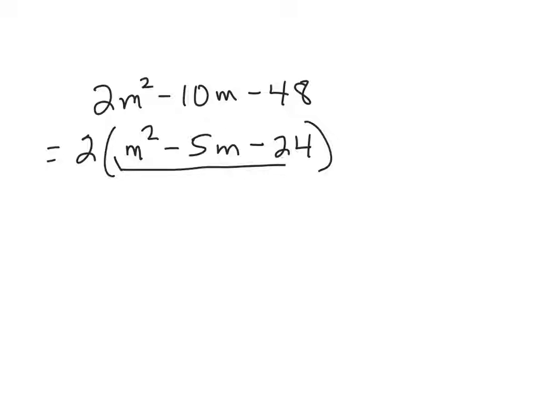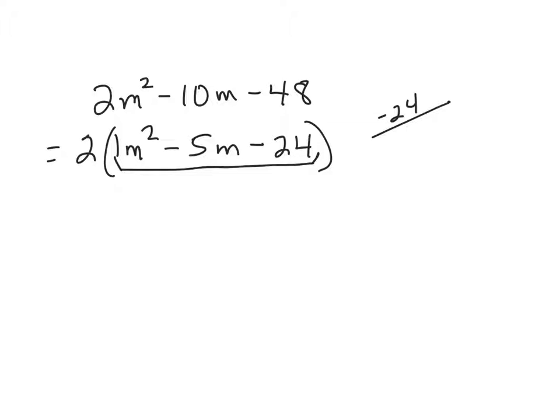Okay, then we look in here and see what we have. We've got 3 terms. So we're going to try to factor that by the AC method. Now, this particular problem we can use the shortcut on because it's got a 1 on the squared term. So 1 times negative 24 is negative 24.